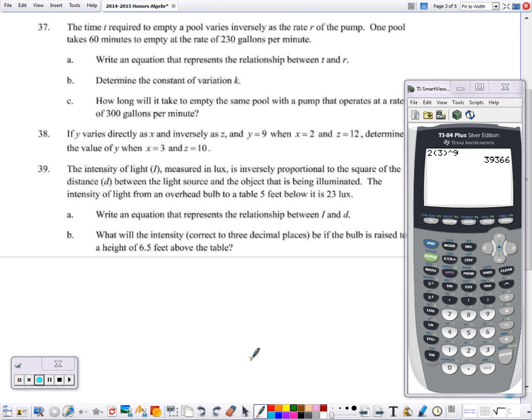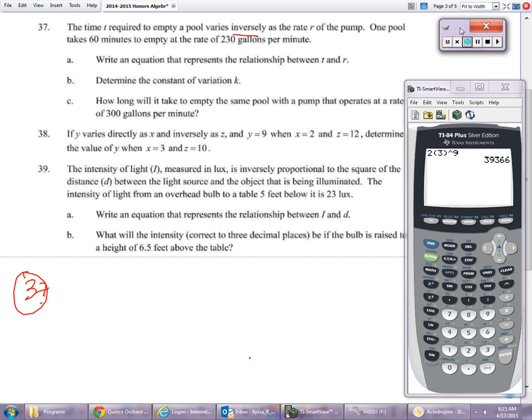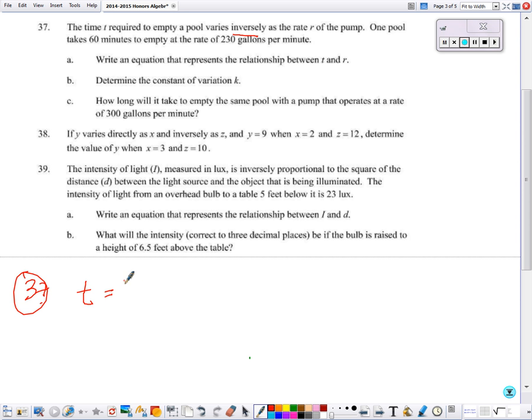All right, for 37, inversely related. So we have T varies inversely with the rate of the pump. So to write the relationship, I need to find K. So they give us 60 minutes, and they give us 230 gallons per minute.